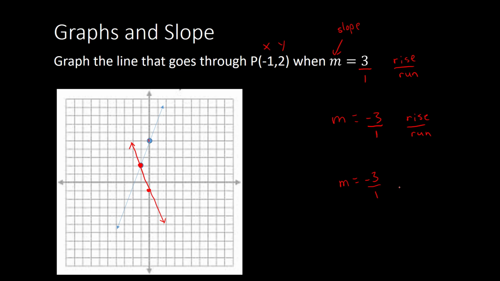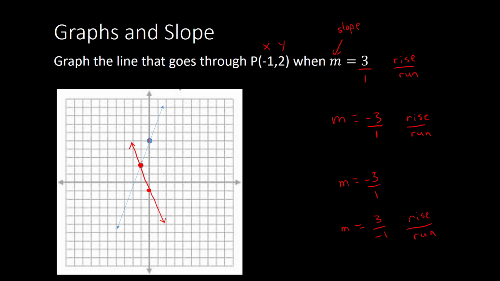And I do want to show you, though, that negative 3 over 1 would be the same thing as 3 over negative 1. If we do it this way, put the negative at the bottom, you have rise over run. And here, the slope is still negative 3, but the rise is positive. So if the rise is positive, from this point, I'd go up 3.